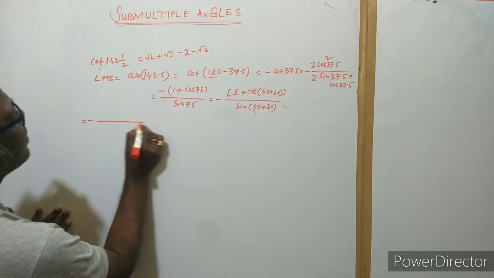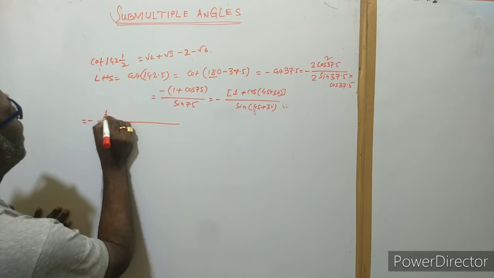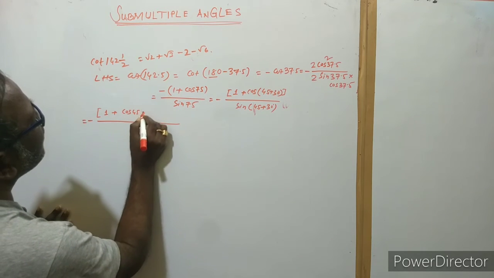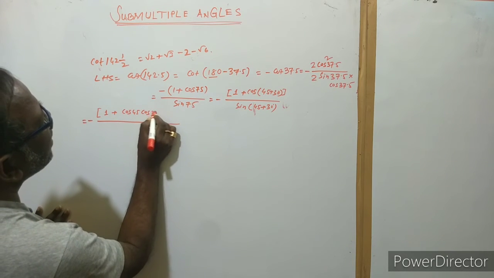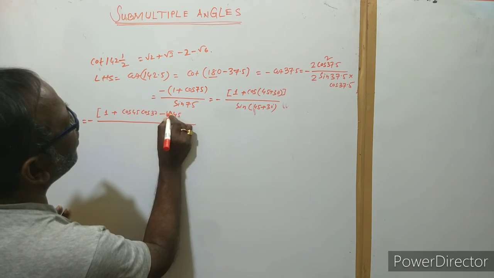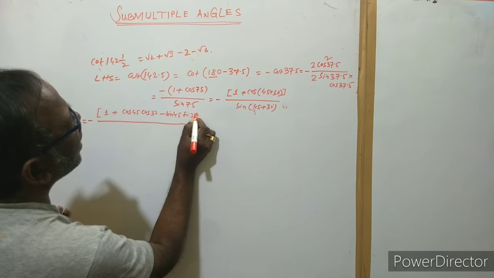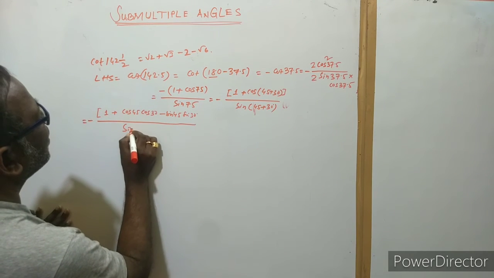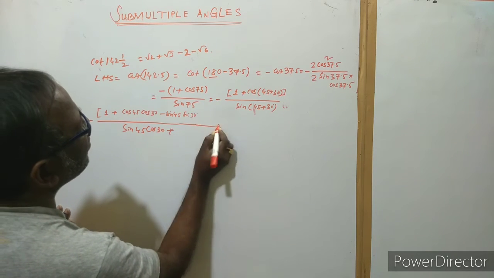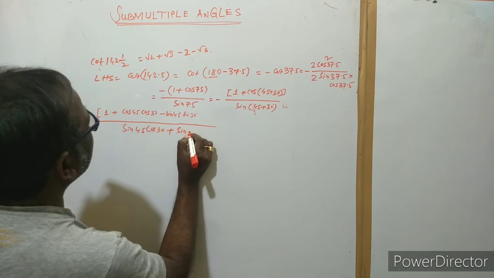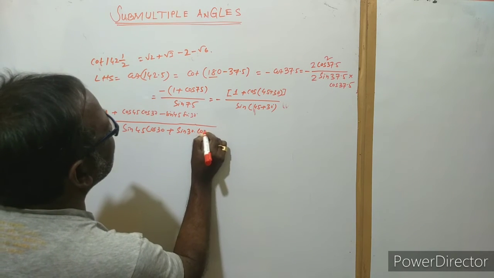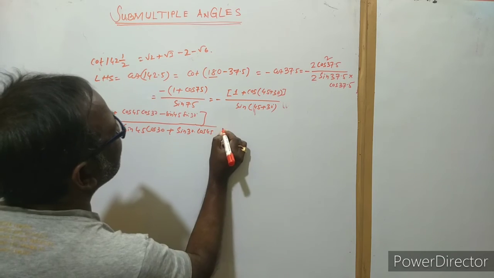And this is your minus. Are doing 1 plus cos 45 cos 30 minus sin 45 sin 30, sin 45 cos 30 plus sin 30 cos 45.